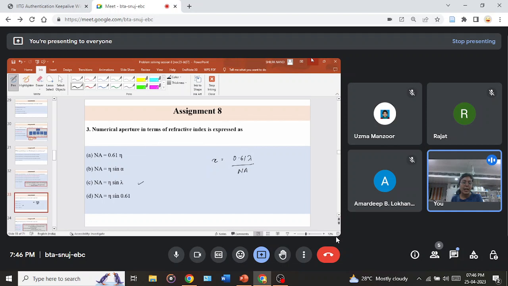So I am ruling out option C for now. You can answer me between A, B or D. It is not possible to have option C because we saw that the resolving power is directly proportional to your wavelength. So how come numerical aperture will be equal to eta sine lambda?